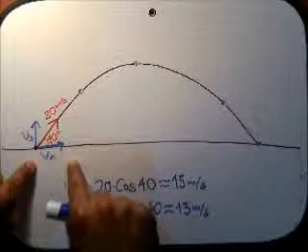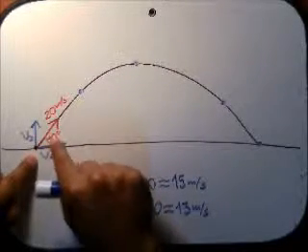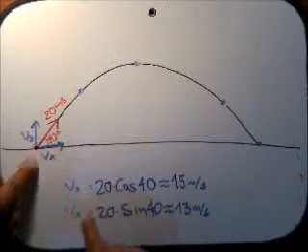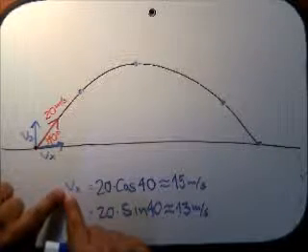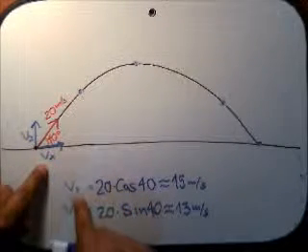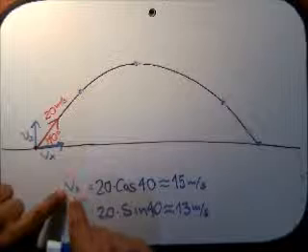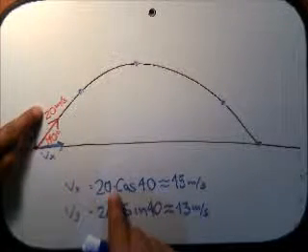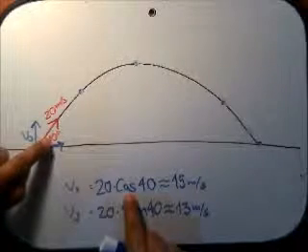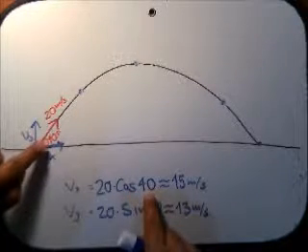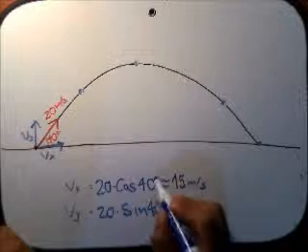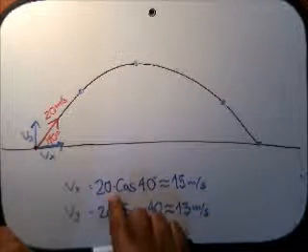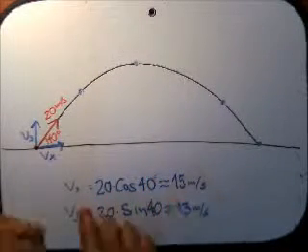So for the x-axis, because the angle is down here, we're going to use cosine. So that's why I wrote here that the x component of the velocity, vx, is equal to 20, the magnitude, times the cosine of the angle, which in this case is 40 degrees. So, as always, I multiply magnitude times cosine of the angle to find the x component.